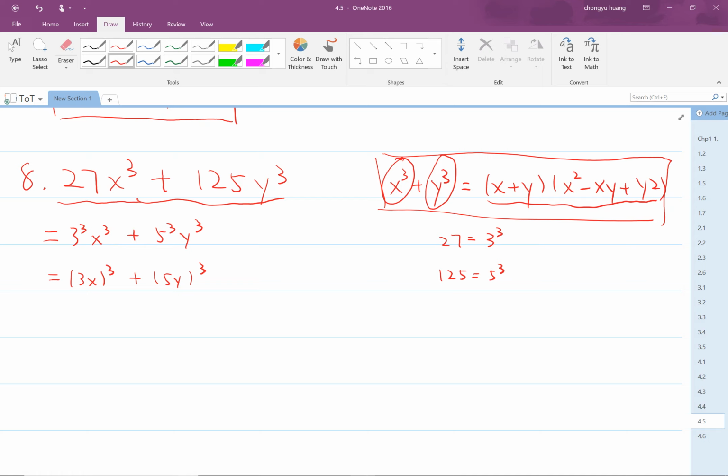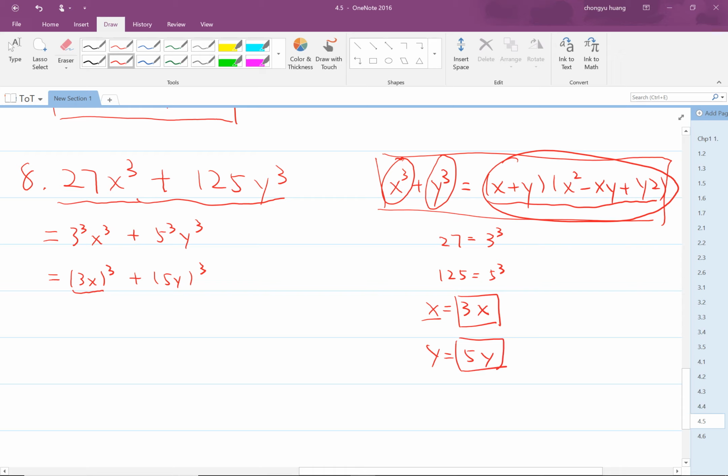You can see over here we have 3x, so that means x is equal to 3x. So instead of using x, we have to use 3x when we plug into this property. And y is equal to 5y, so we have to use 5y when we plug into the property, in order to get the right answer.